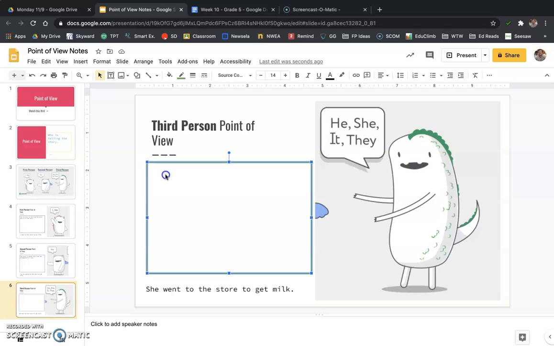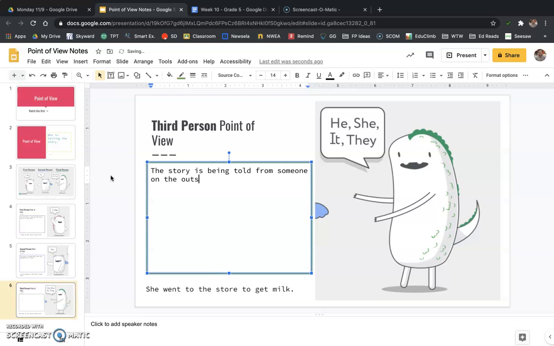And then last today, third person point of view. This one is pretty easy. The story is being told from someone on the outside, somebody who is not inside the story, a narrator who is watching all of the events.